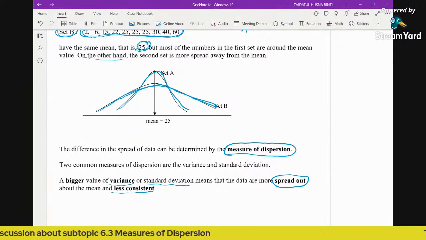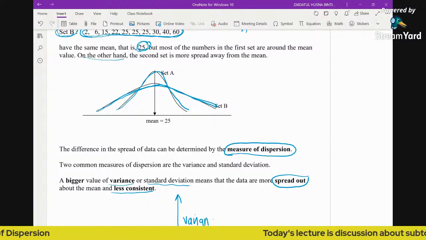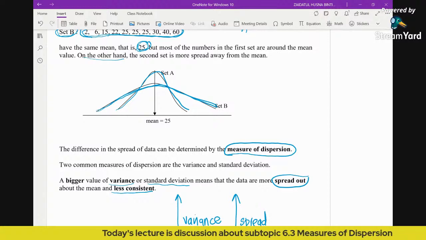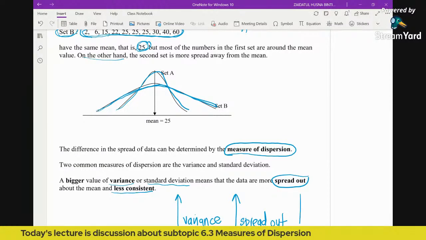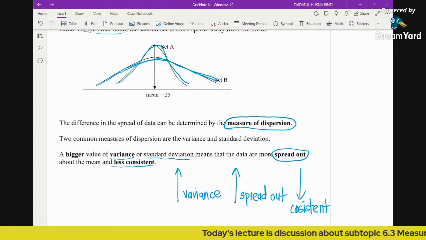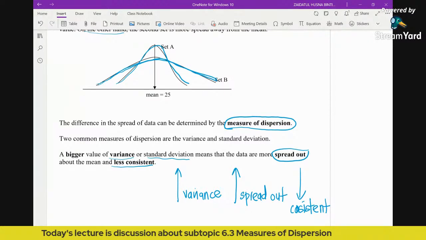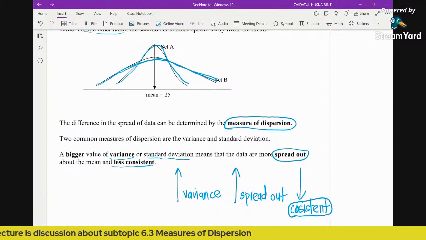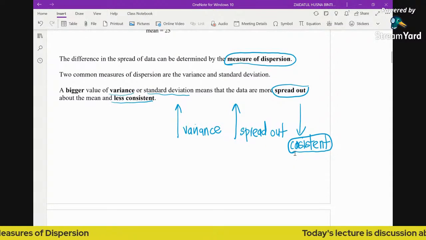The bigger the variance, the more spread out the data is, and the less consistent the data would be. Because the difference between the data and the mean is going to be big, we can say that the data will be less consistent. So the bigger the variance, the lesser the consistency.